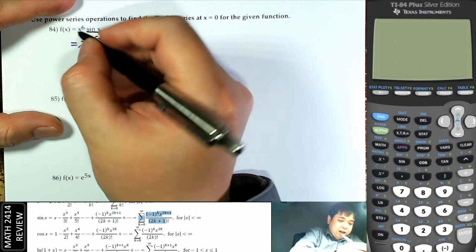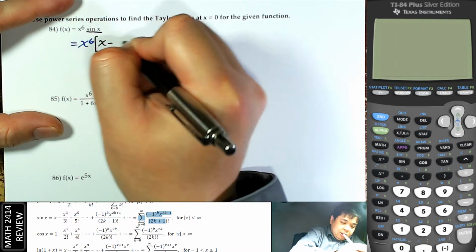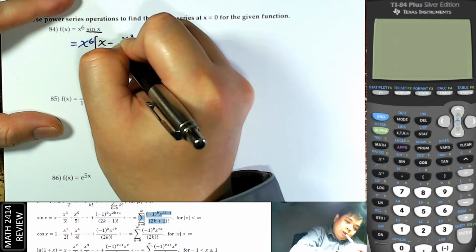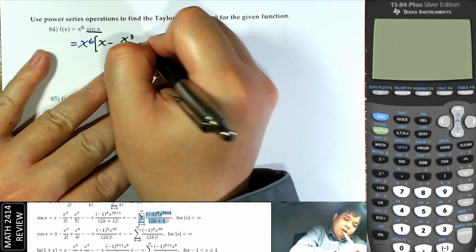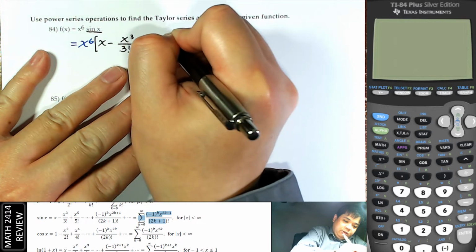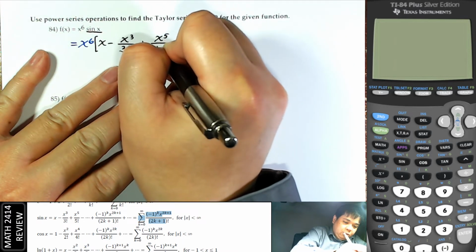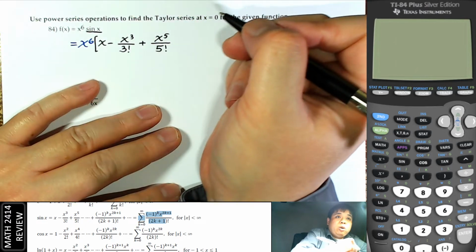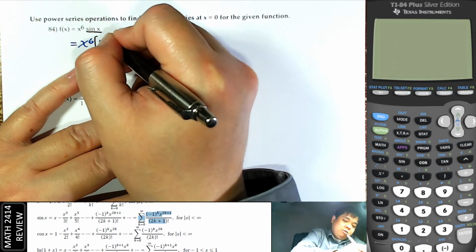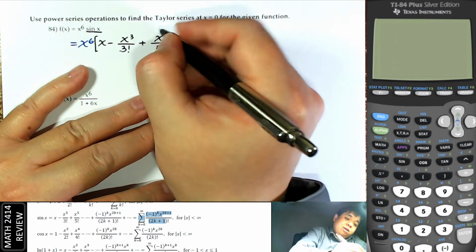If we're going to write out, it will be x minus x cubed over 3 factorial plus x to the 5th over 5 factorial. Sine is an odd function, that's why it has all the odd powers, right? First, third, fifth, and so on.